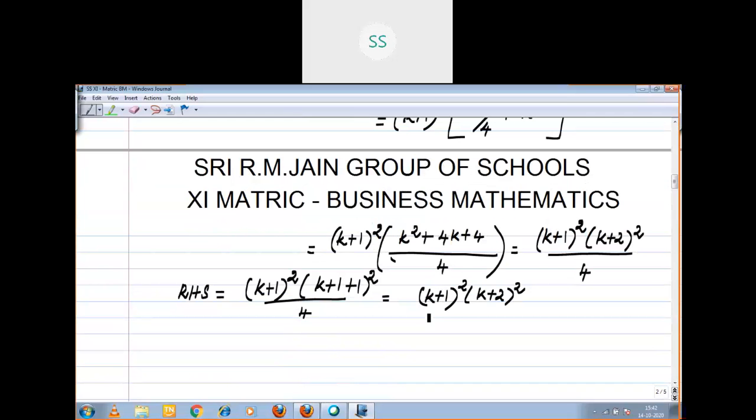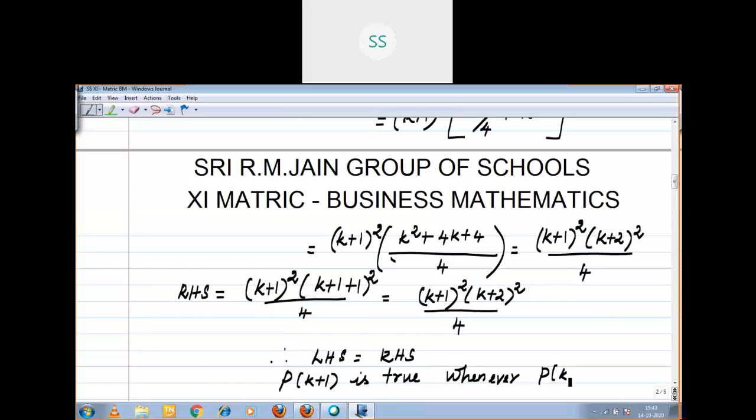What you have arrived at in LHS, the same thing you got in the RHS. Therefore, LHS equal to RHS. Then P of k plus 1 is true whenever P of k is true.